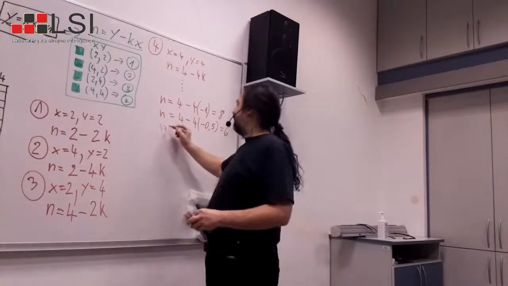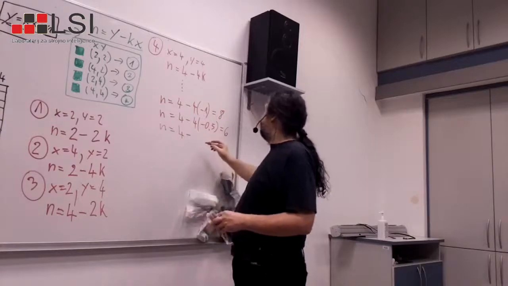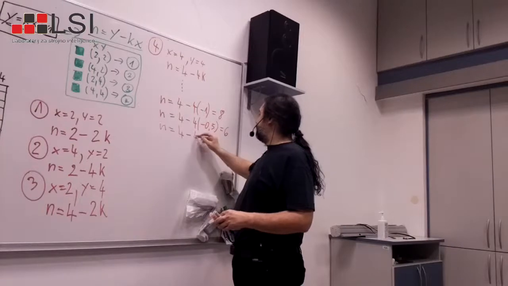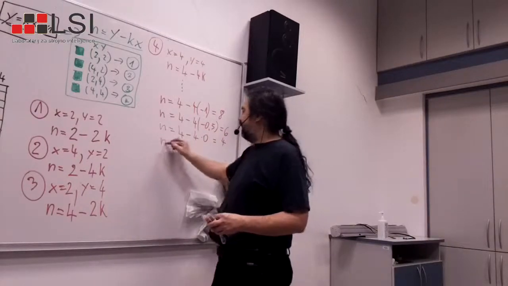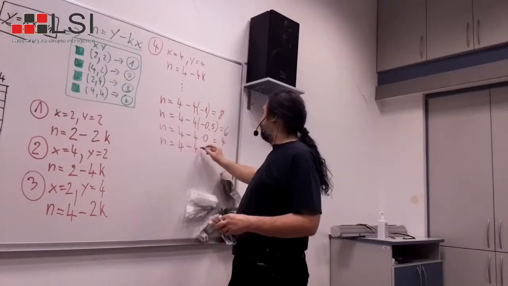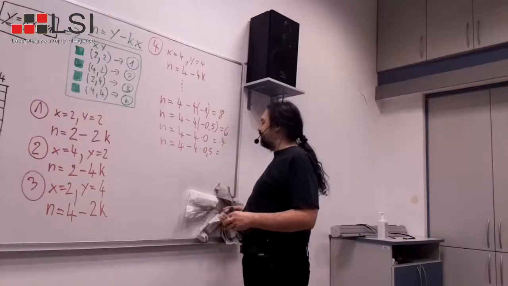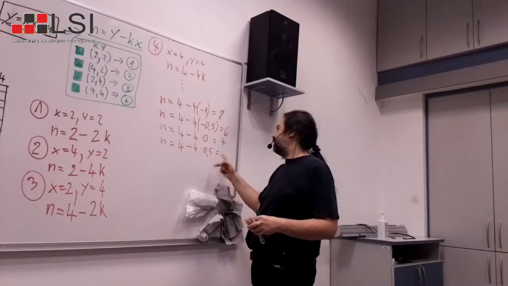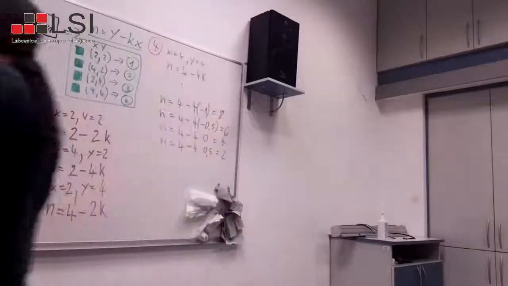And then the next one that we get is 4 minus 4 times 0, and we get 4, of course. And then the next one, 4 minus 4 times 0.5. And yes, this is 2. 4 minus 2 is 2. And yeah, it should be 2. Otherwise, you would get something strange in our accumulator.